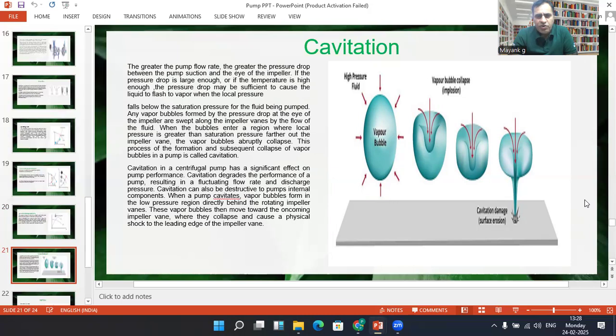If the pressure drop is large enough, or if the temperature is high enough, the pressure drop may be sufficient to cause the liquid to flash to vapor when the local pressure falls below the saturation pressure for the liquid being pumped. Any vapor bubbles formed by the pressure drop at the eye of the impeller are swept along the impeller vanes by the flow of the liquid.